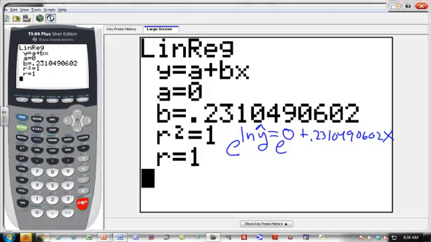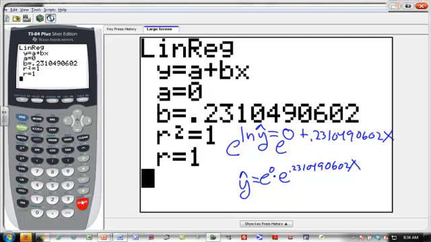I'm undoing the natural log. e to the natural log of y is just y. e to the 0 plus this is equal to e to the 0 times e to the 2.31049062x.